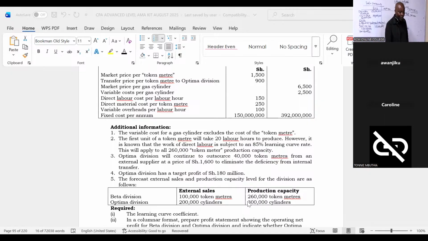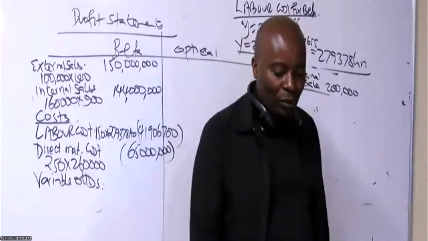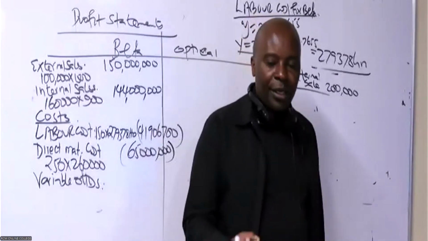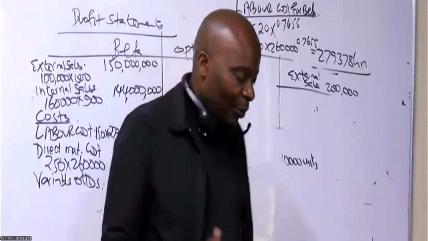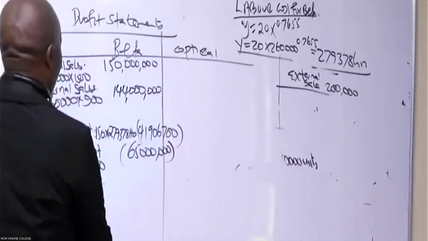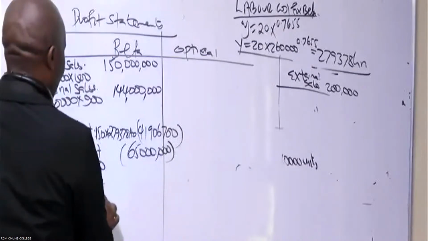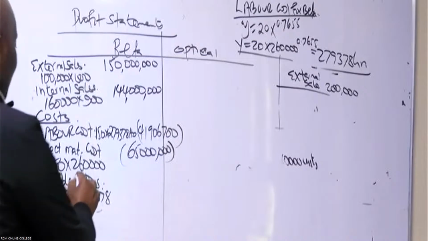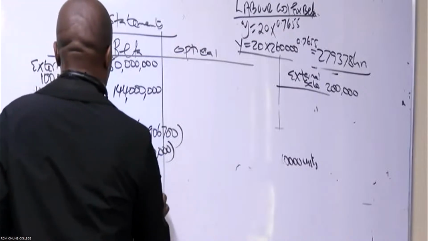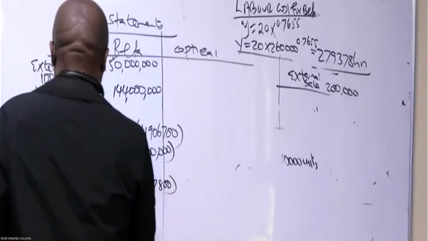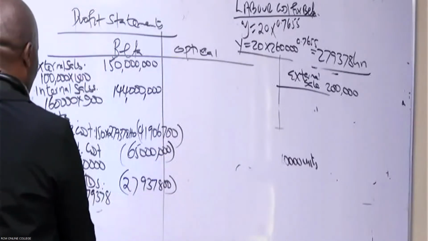Is it 100 times 260,000? They will not be compatible. Remember that variable overhead is based on number of hours. So it will be 100 times 279,378, which gives us how much? 727 million 800, like that. And then now we can talk about your fixed cost.